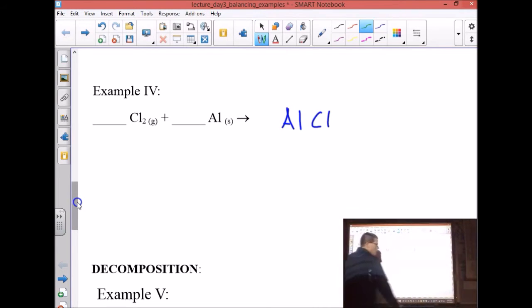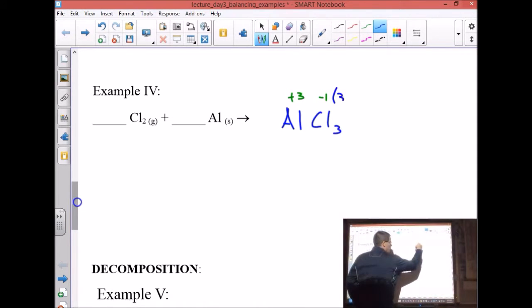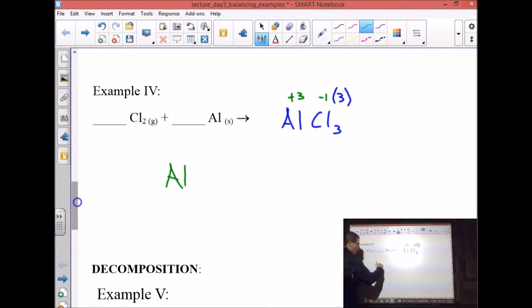This would be a really bad time to bring the subscript over because it won't be a 2. What's the charge on aluminum? And the charge on chlorine? So how many do we need? 3 of those. Okay. So this does not exist.